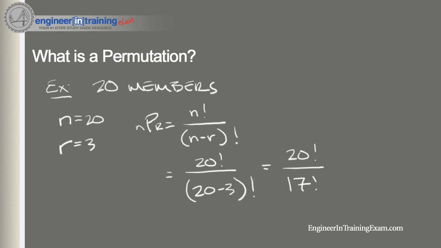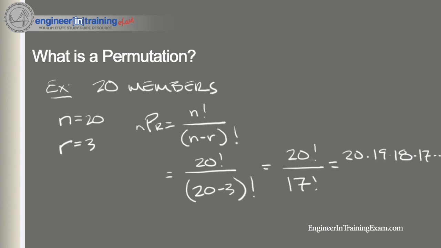Now most of us are going to be using the factorial key on our calculators to determine what these equations equal. But let's say you don't have that, just for conversation's sake here. You can simplify this equation so you don't have to write it out as 20 times 19 times 18 times 17, etc. And since I already wrote it out like that, let me show you how you can simplify it.